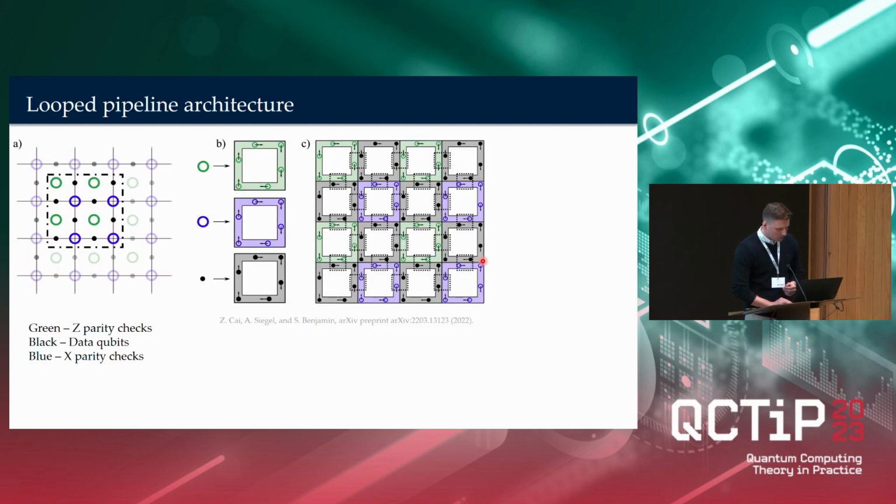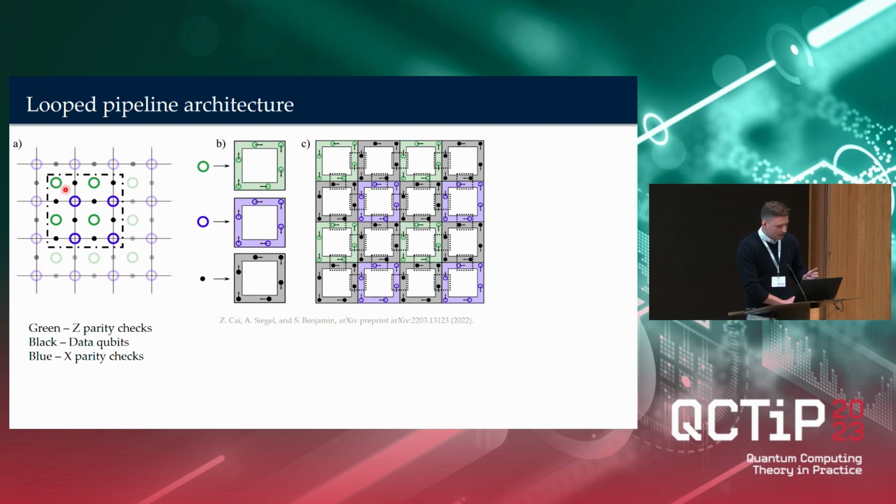And I'm going to be talking about one of those ideas that arrived from a silicon quantum computing group, which is presented here. This was an idea by Zhenyu Cai, Adam Siegel, and Simon Benjamin. In this construction, what they did was they considered the surface code layout of their quantum computer.